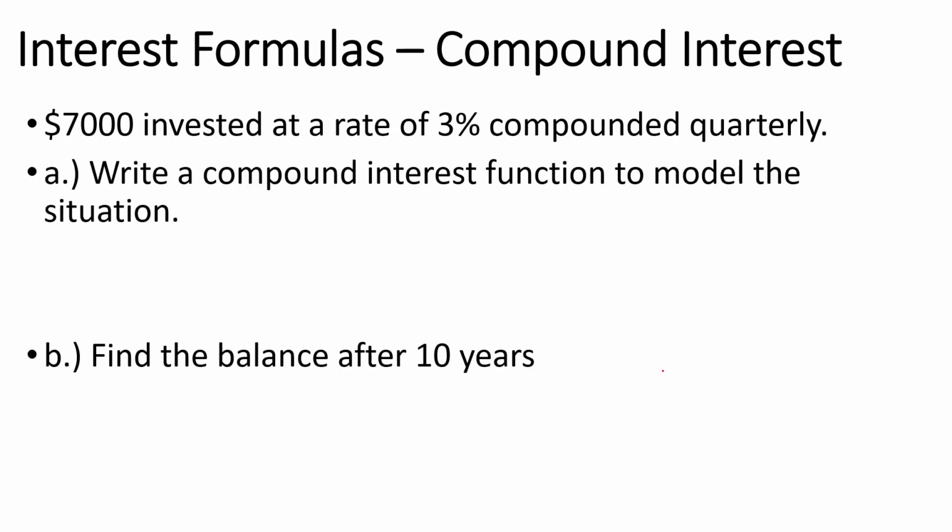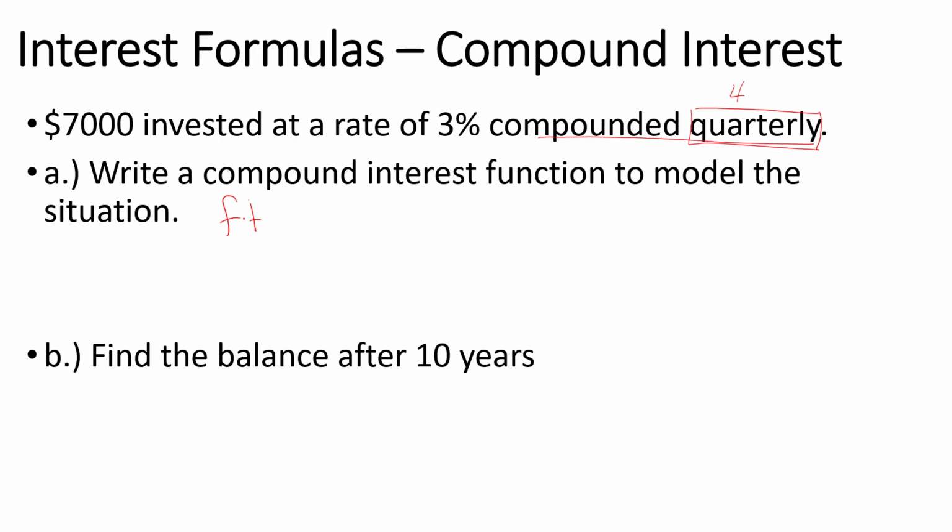So we have $7,000 invested at a rate of 3% compounded quarterly. Well, what does compounded quarterly mean? Well, quarterly means 0.25, 1/4, or 4 times in a year. So we want to write our interest function to model this situation.